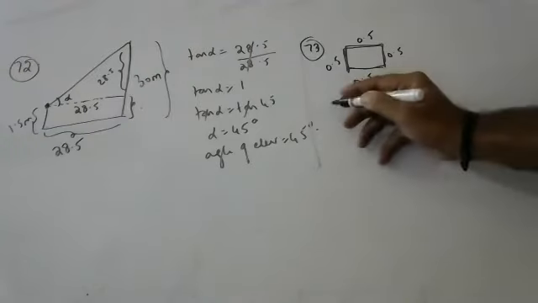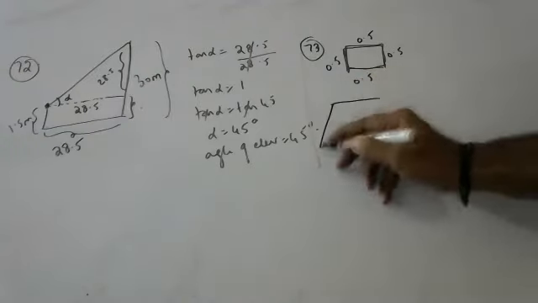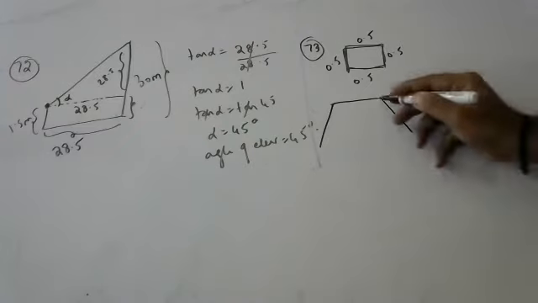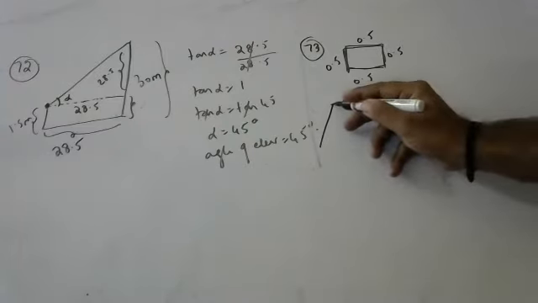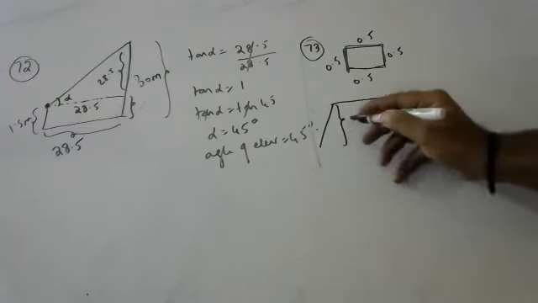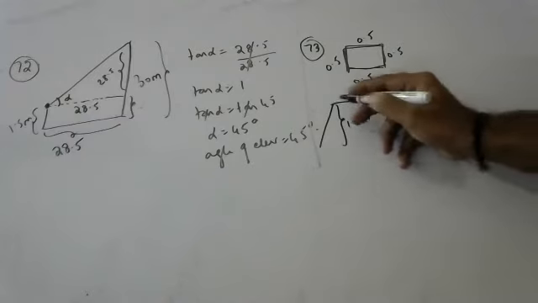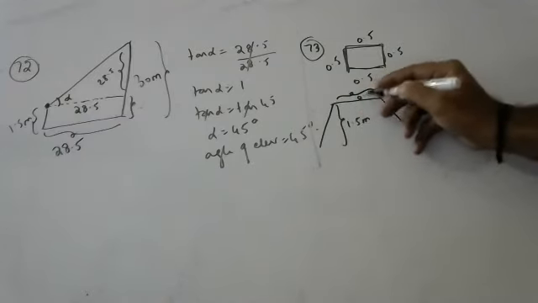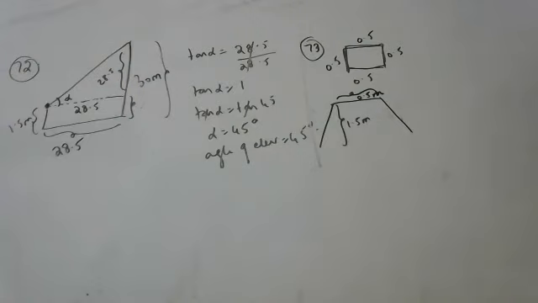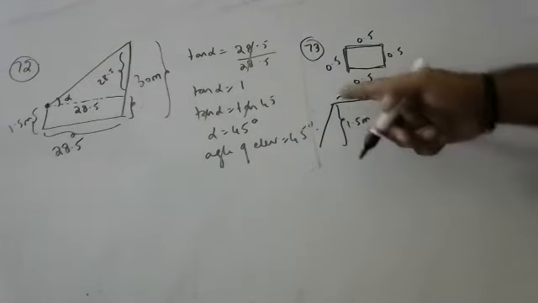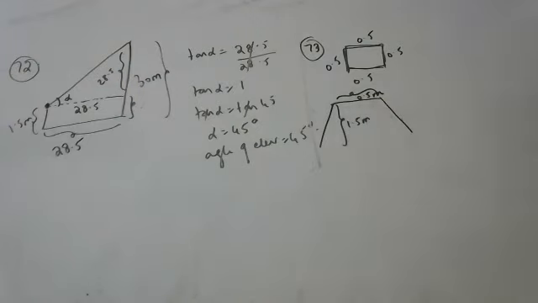If you see like this, children, it is at a height of 1.5 meters from the ground, and the width of the stool is 0.5 meters.